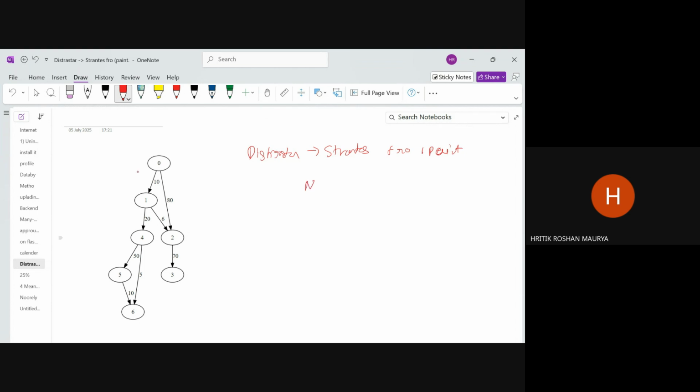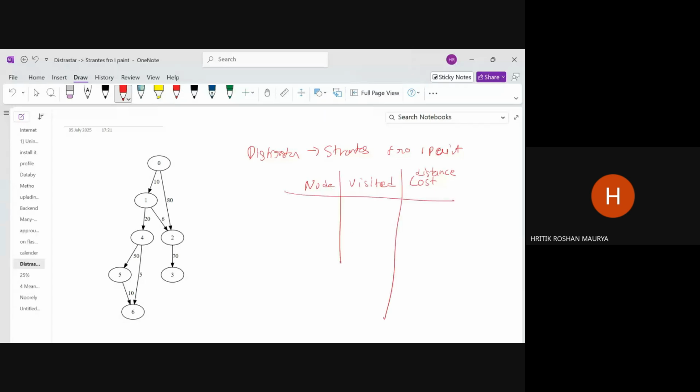Suppose this is node 0 and the cost of going from 0 to 1 is 10. It tracks the node, it tracks the visited value, and it tracks the cost, or you can say the distance.